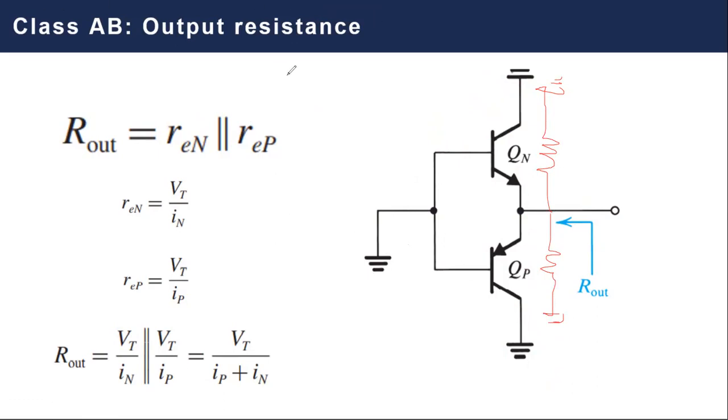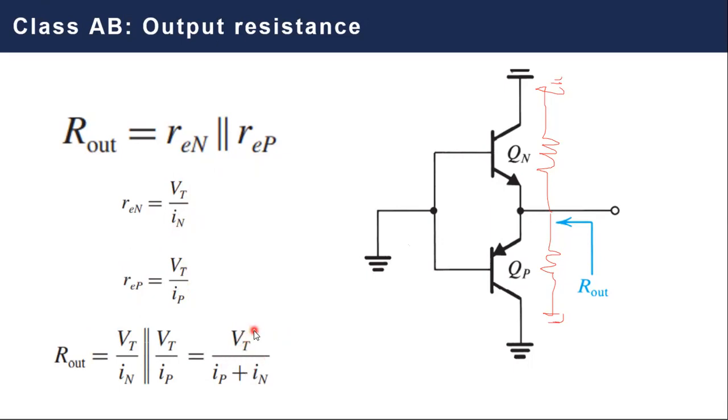If you remember, my dear students, this output resistance was equal to VT, the thermal voltage, over IN, which is the current flowing in the junction, and similarly VT over IP. And similarly, you can get VT over IP plus IN.